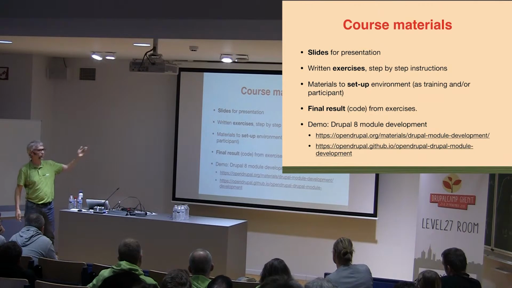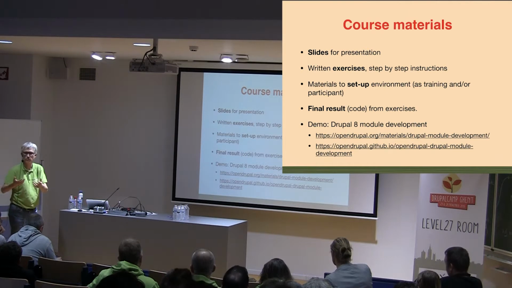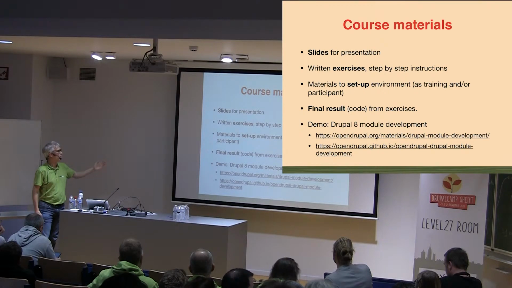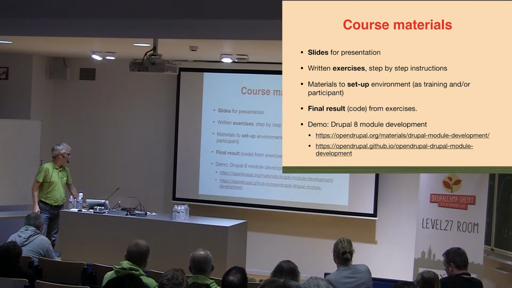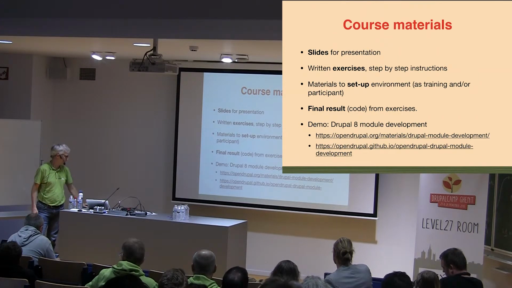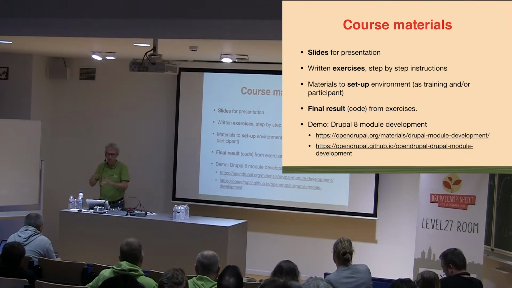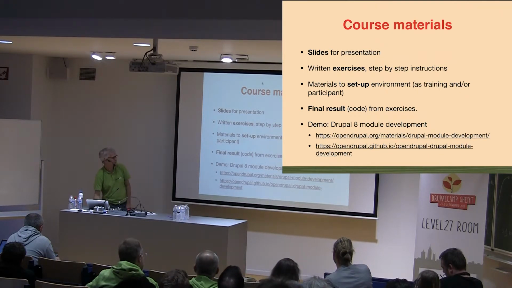It includes whatever is needed for setup, for example an installation profile for this basic festival website to start, and some theme in there. Most of the materials also include the final result, for example written code. We'll have a look at the development module. The more sales-like information is on OpenDrupal.org, and the repository of the materials themselves is on GitHub.